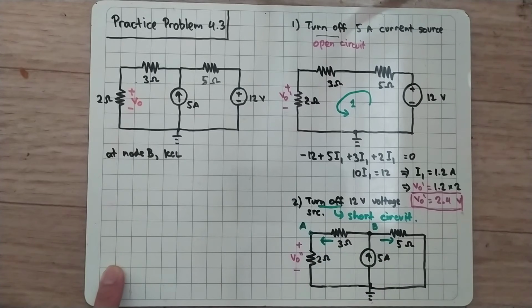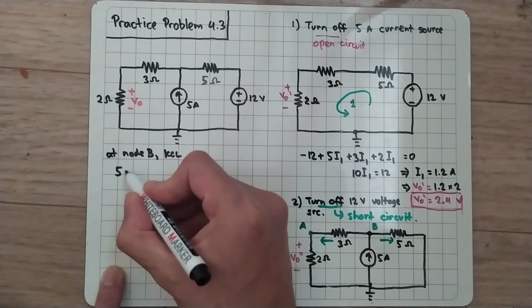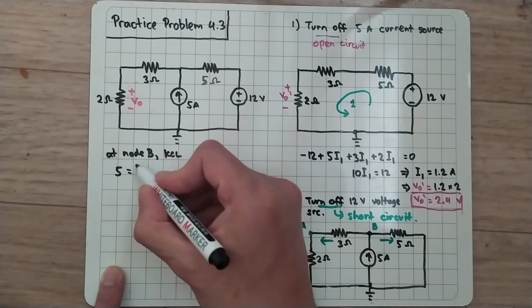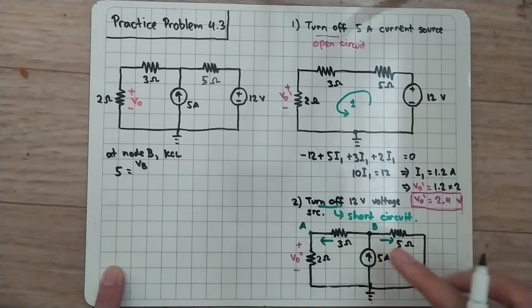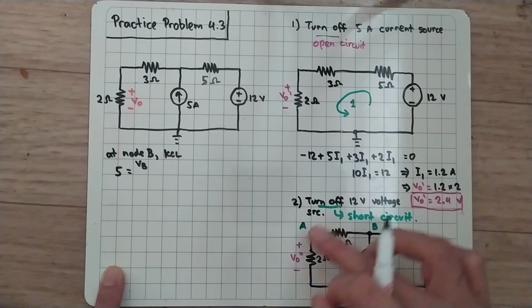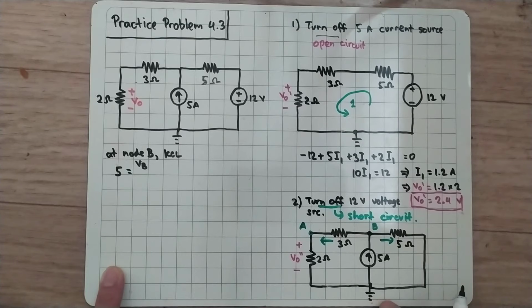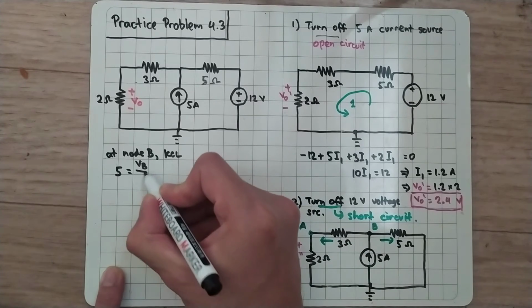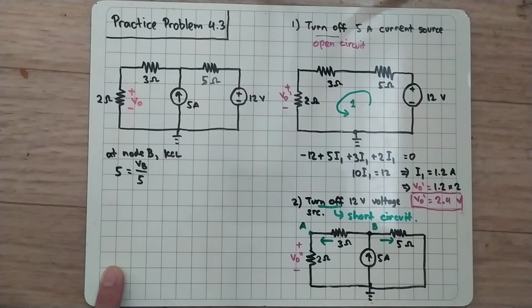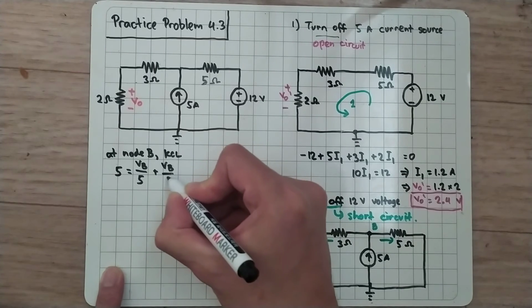The current that goes in is only this 5 ampere from the current source, and that will equal the current that goes out, which is (VB minus VA) divided by 3, or we can also go all the way to the ground, so we will have VB divided by 3 plus 2, so VB divided by 5, and then we will have this current here, which is also VB divided by 5.